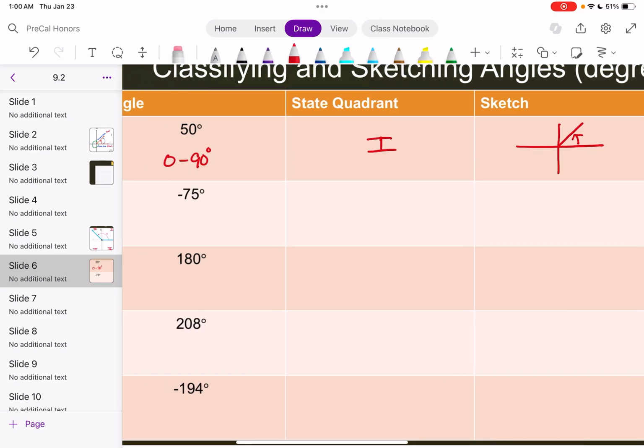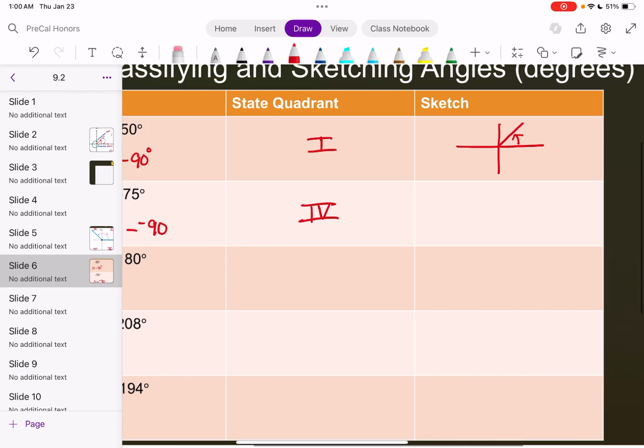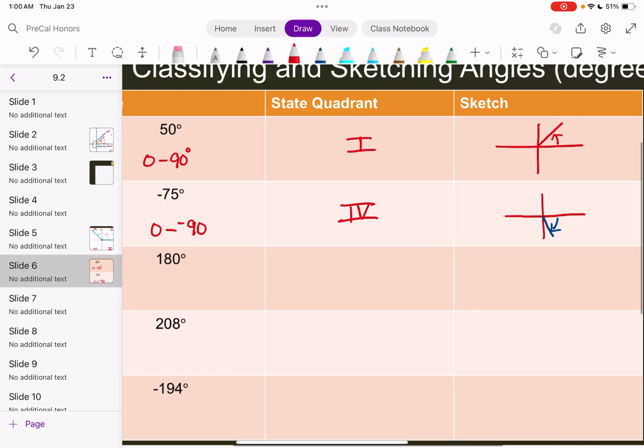Negative 75, notice that is between 0 and negative 90. In this case, this would be quadrant 4. So as we draw our lines, keep in mind, negative 75 would be right here. Let's look at our next number. Our next number would be 180 degrees.